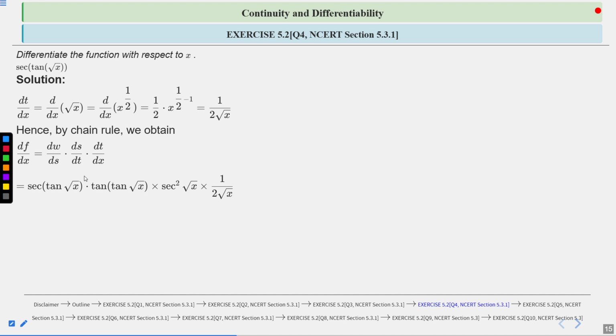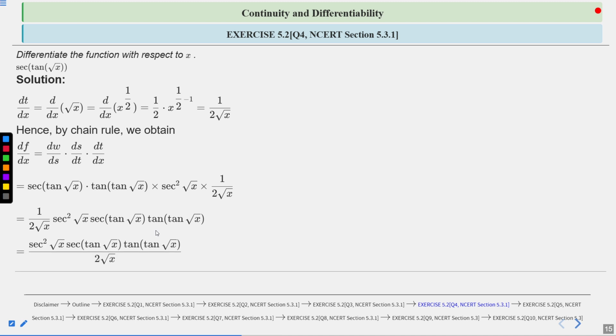So we can write it as sec(tan root x) into tan(root x) into sec square root x into 1 by 2 root x. This will be the right answer. By adjusting this, we can write it as 1 by 2 root x sec square root x sec(tan root x) tan(root x), which will be equal to sec square root x sec(tan root x) tan(root x) upon 2 root x. This will be the right answer. Clear?